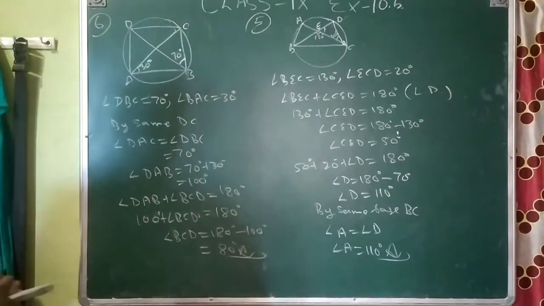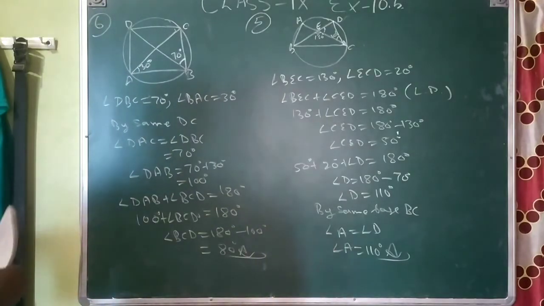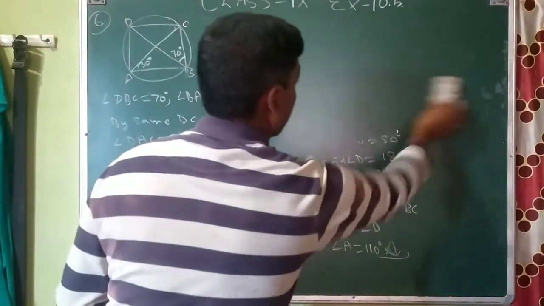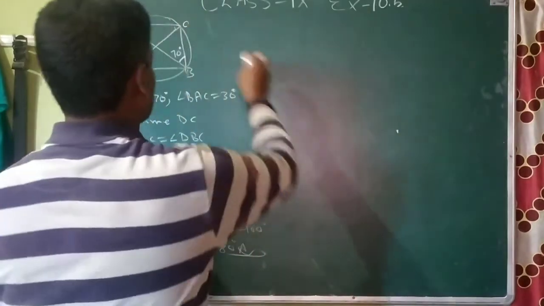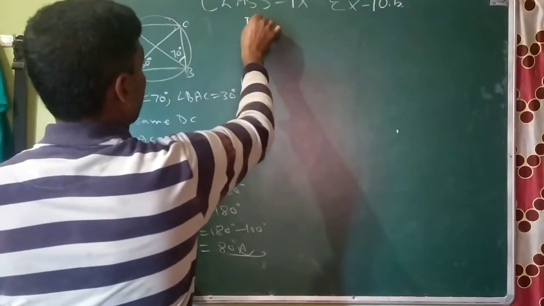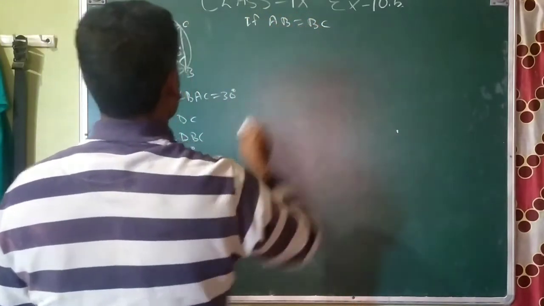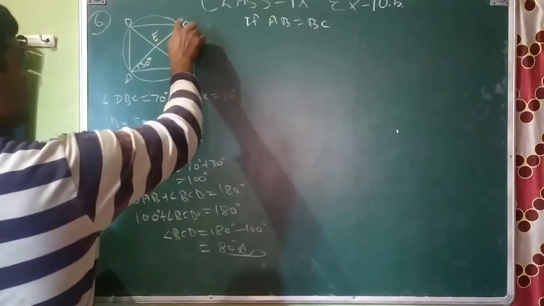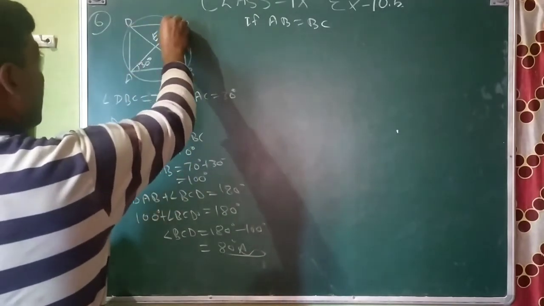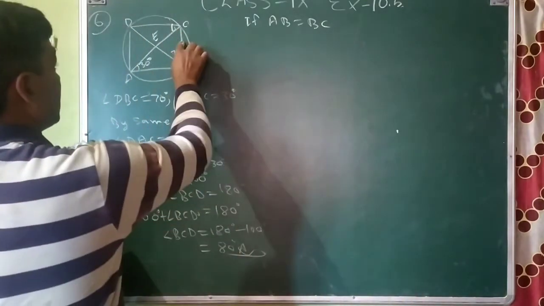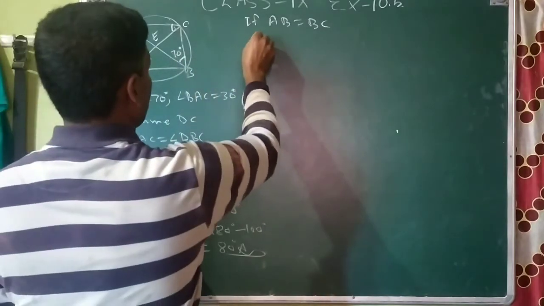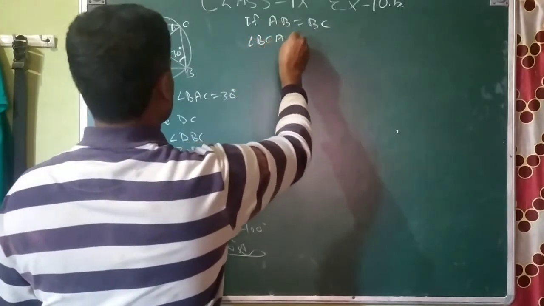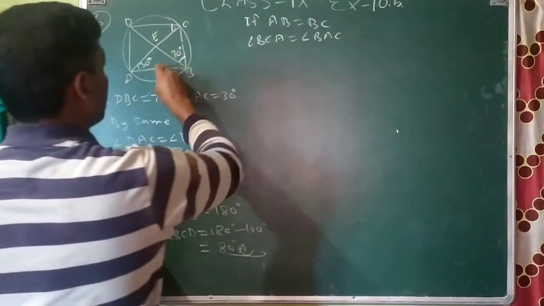That is the answer. And then it says if AB is equal to BC, then we need to find angle ECD, where this is E. These sides are equal, AB equals BC, so angle BCA is equal to angle BAC, because these two sides are equal.